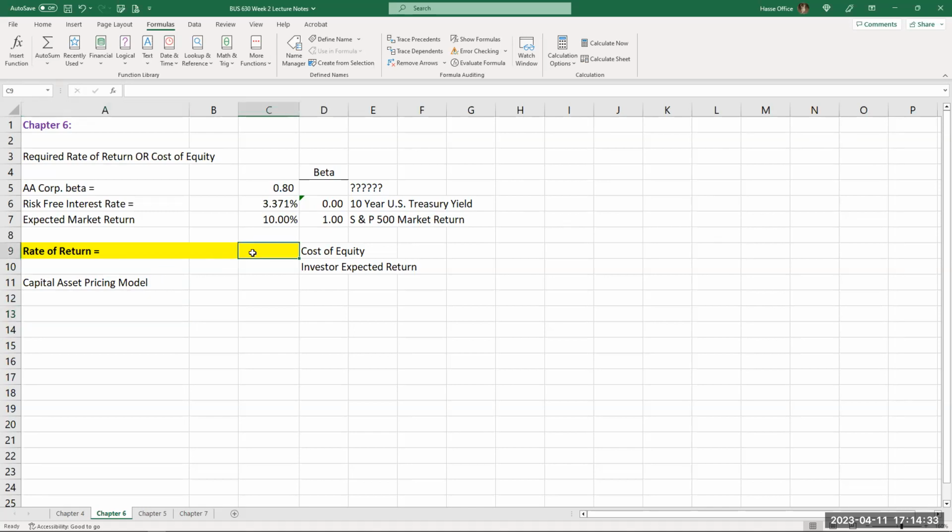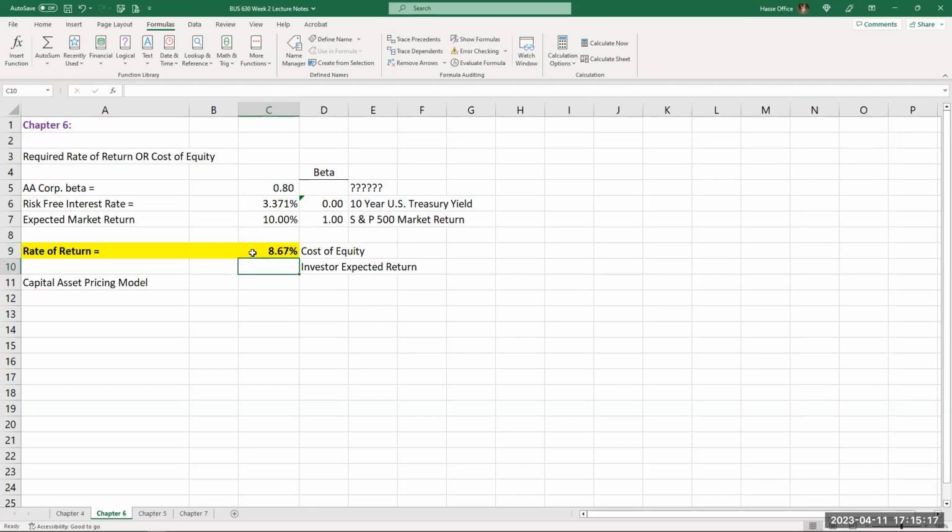So if we put that into a formula, equals the risk-free rate, which is 0.03371, and to that we add the market premium, which is the expected market return, 0.10 or 10%, minus the risk-free rate, 0.03371, and multiply that times the beta of the company, 0.80, we will get our expected return today on our company with a beta of 0.8.